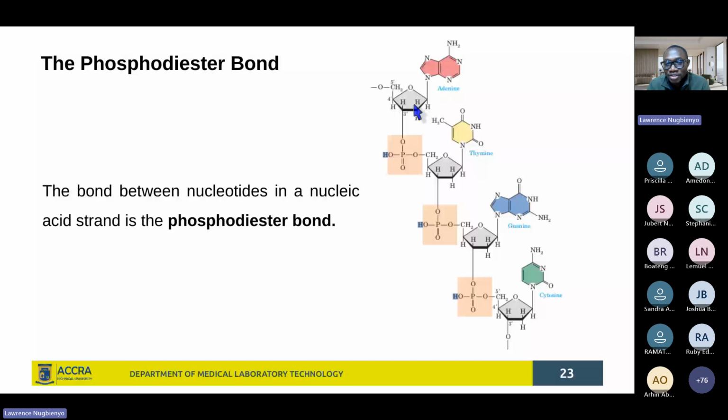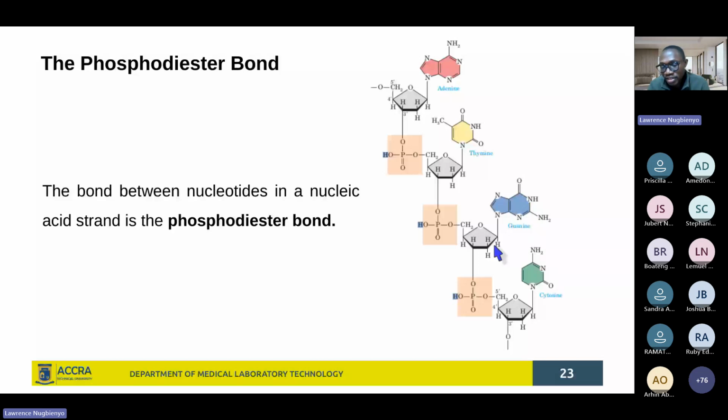And that sugar binds to the phosphate group of the next nucleotide, on which you have thymine. And you see that nucleotide also binds to the next nucleotide that has the base guanine.